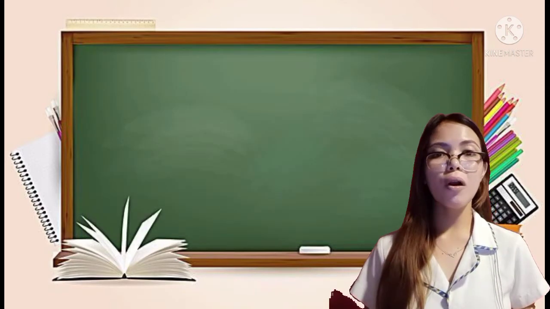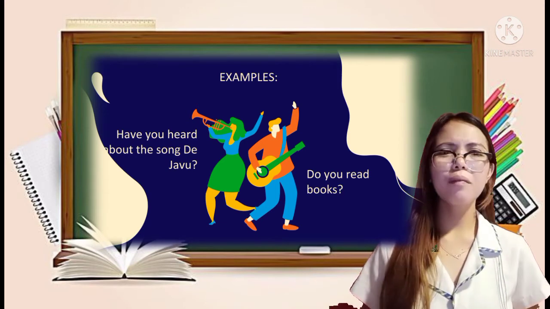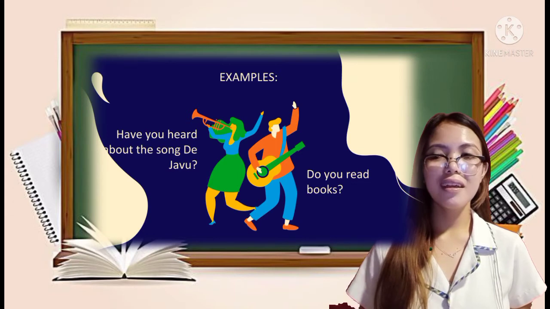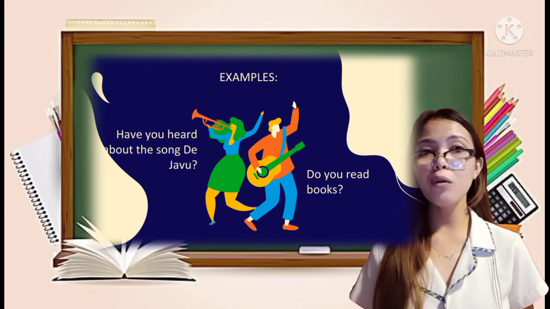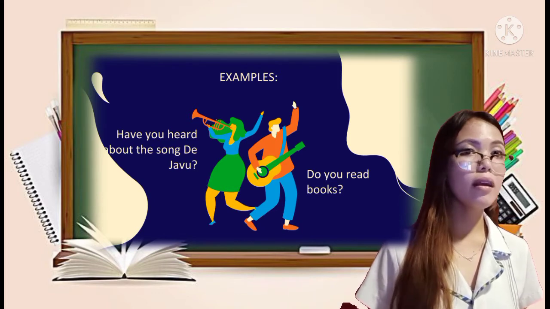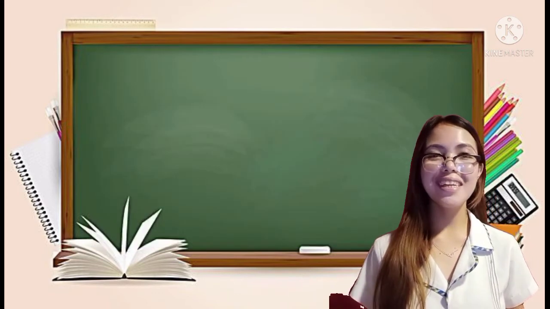Some examples are, have you heard about the song Deja Vu? Or do you read books? Or simply like, when is your birthday? Or where did you celebrate your birthday? That's interrogative mood. Easy, right?